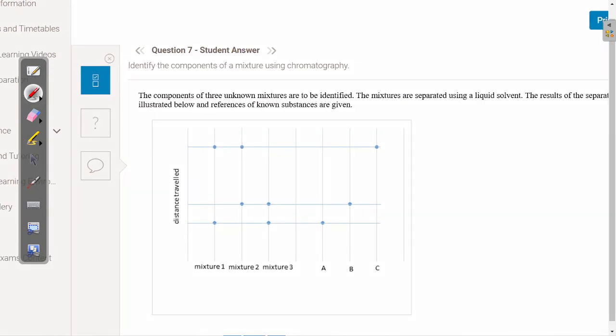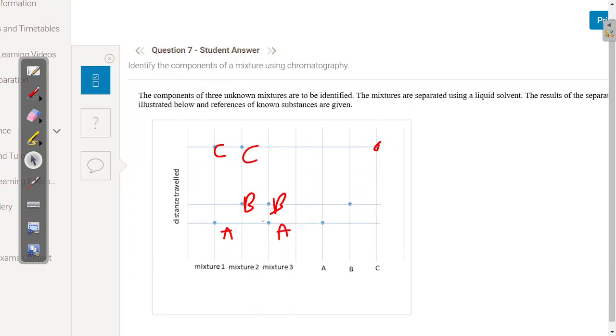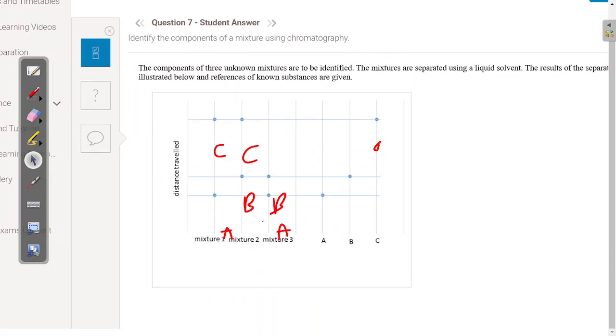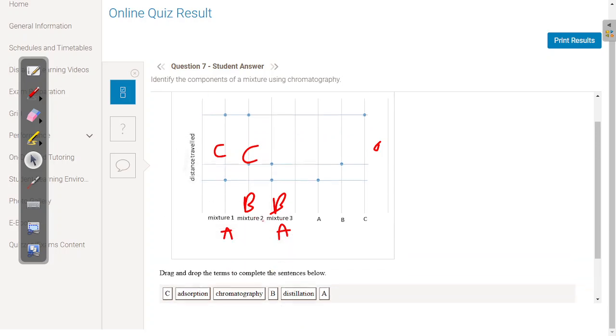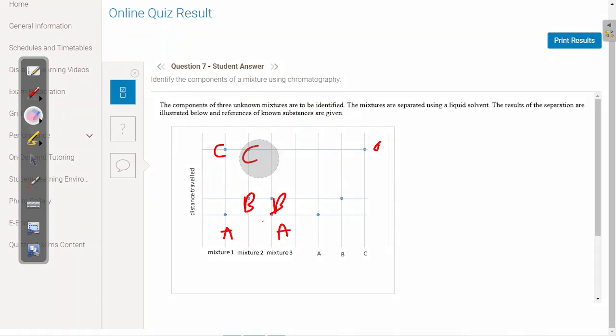If A is this dot, then anything on this line is A. So this is A, this is A. Anything on this line is B. So this is B, this is B. Then C is this one. So this is C, this is C. Now what do they want? Mixture 1 contains A and C. Mixture 2 contains B and C. Mixture 3 contains A and B.